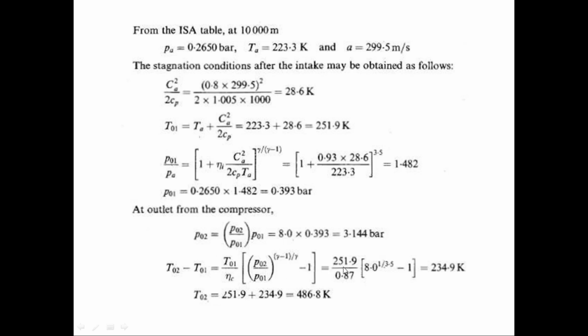T01 is 252, the compressor efficiency is 0.87, and the pressure ratio 8 is raised to the power 1.1 divided by 3.5, minus 1. So T02 minus T01 is 234.9 Kelvin. T02 is 234.9 plus T01, where T01 is 252 Kelvin, so T02 comes out to be 486.8 Kelvin.